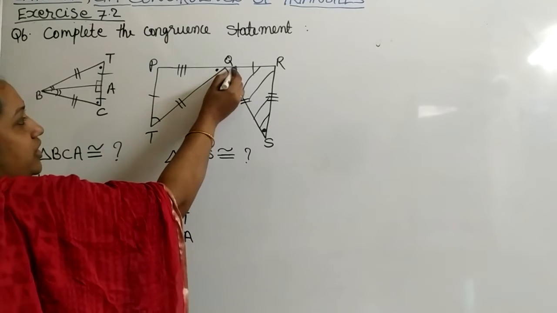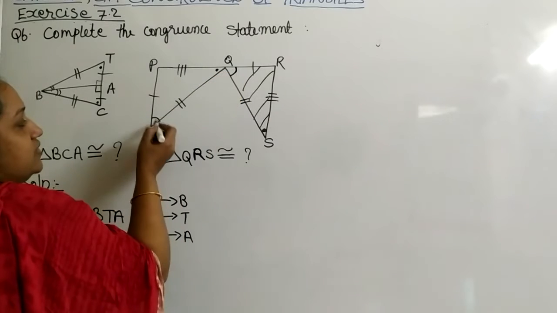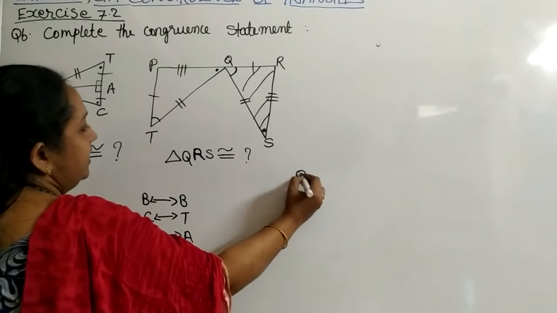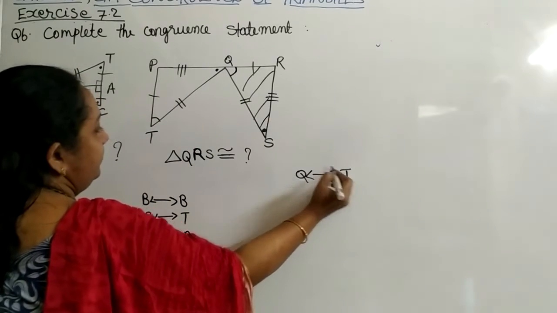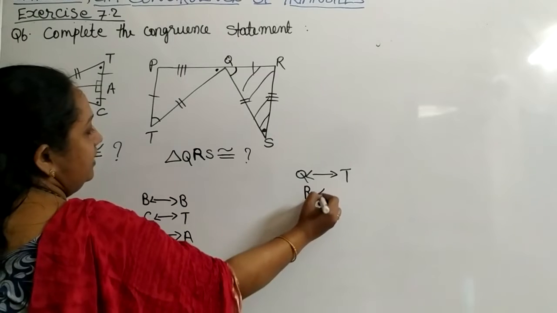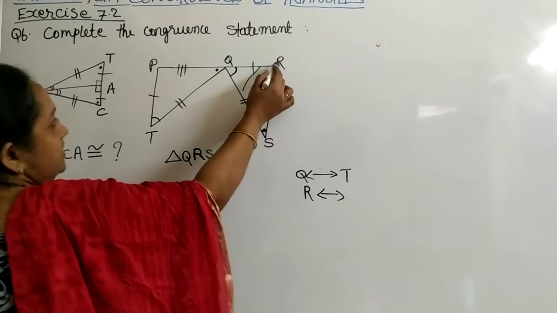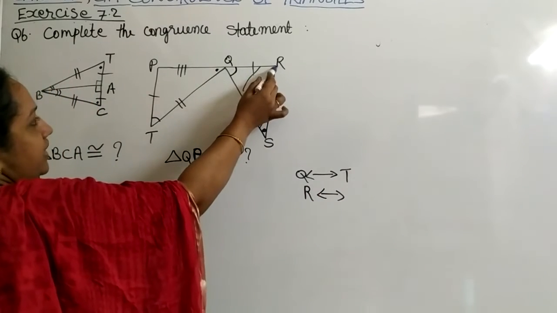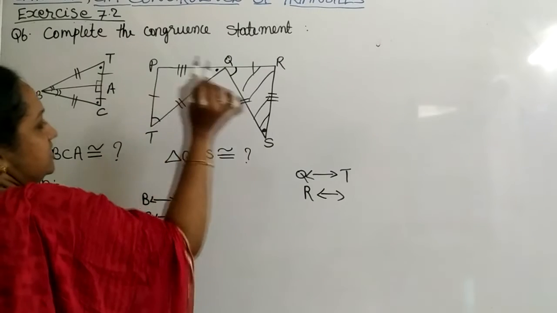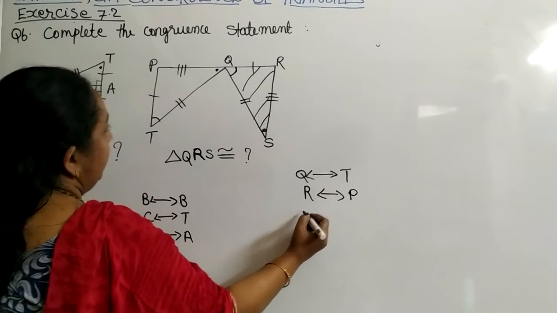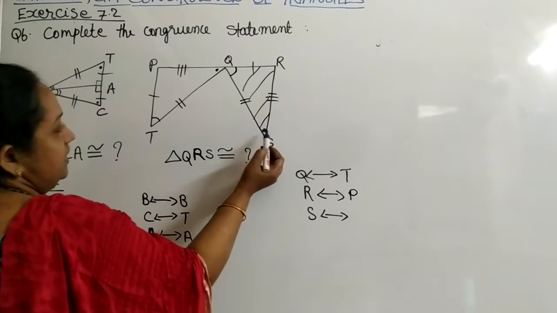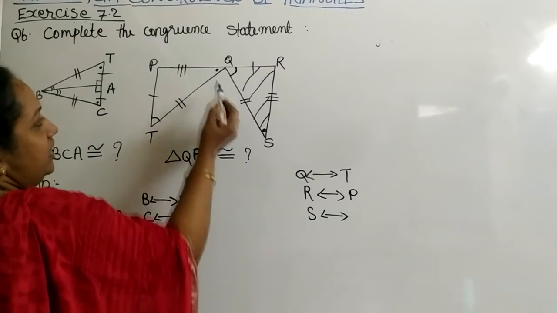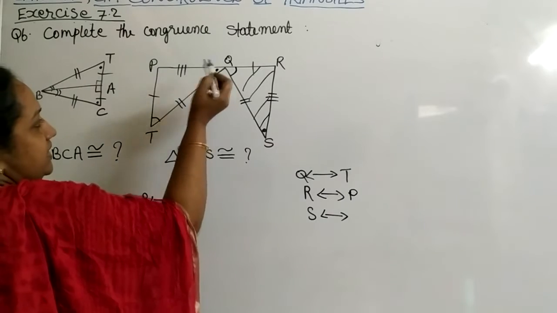Q is denoted by a single line, so it is denoted by this here. The corresponding vertex is T. Next is R. Vertex R corresponds to the one which is not marked with anything, such vertex is P. And S. Next, to vertex S, it corresponds to the one denoted by a dot. So the dot is represented by Q here.